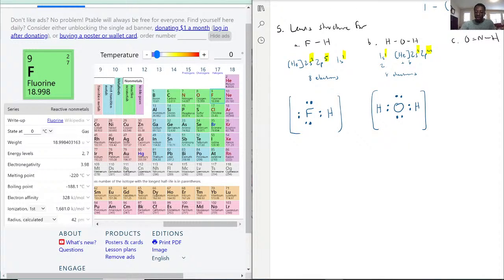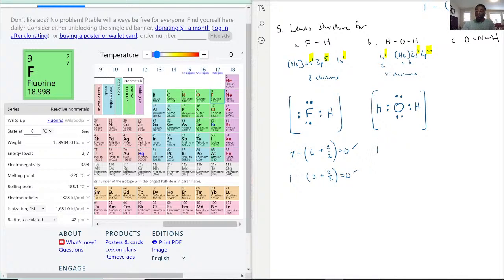We have fluorine, which, like we said, has 7 valence electrons, and right now it has 6 by itself. So it's 7 minus 6, and it's sharing 2, divided by 2, and that does equal 0, so fluorine has a theoretical charge of 0. Hydrogen is going to be 1, it has 0 by itself, and it's sharing 2, so that also equals 0.